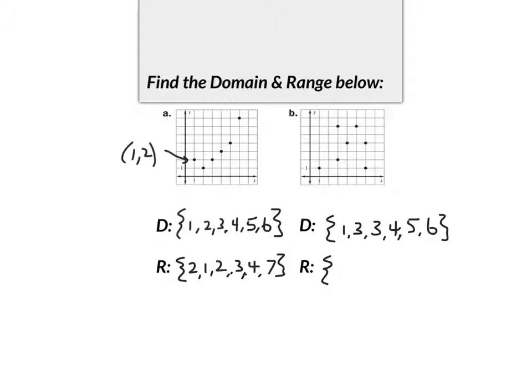On the y values, I've got a 1, a 2, a 4, a 6, another 6, another 4, and then a 1. Okay, so you can see here domain and range on a graph from ordered pairs, from dots on a graph.